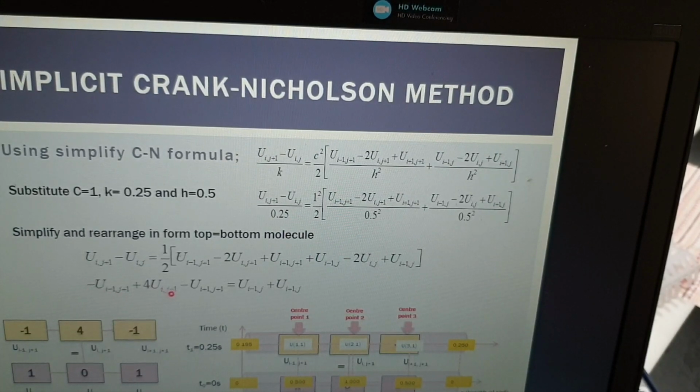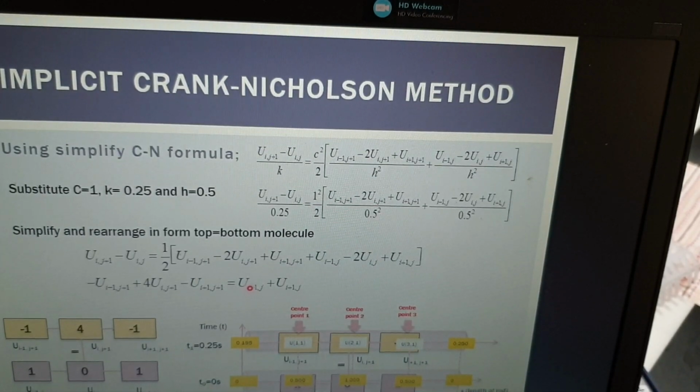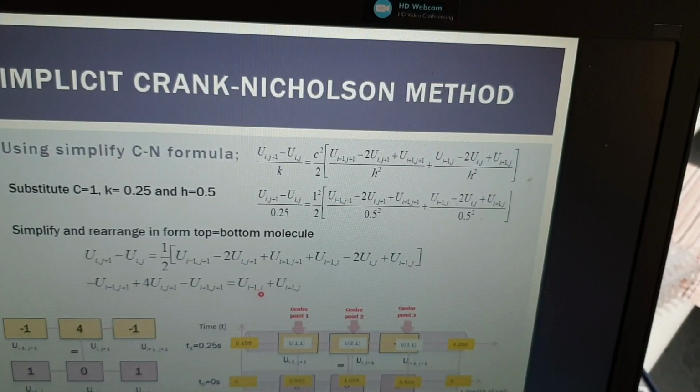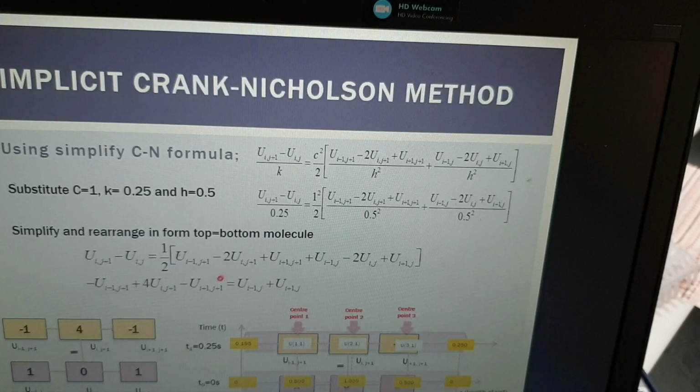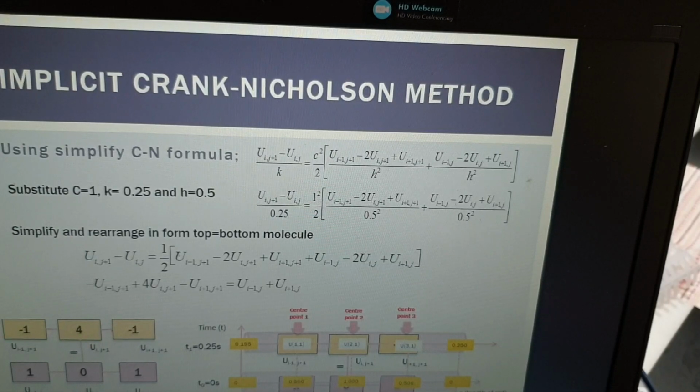Everything on my left is at the position of j plus 1. So this is j plus 1, this is j plus 1, and this is also j plus 1. And the values on my right-hand side are at coordinate j. When I have arranged like this, then I can transform it into the molecule formula like this.